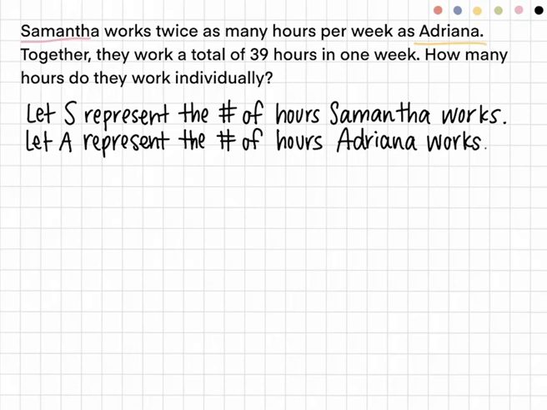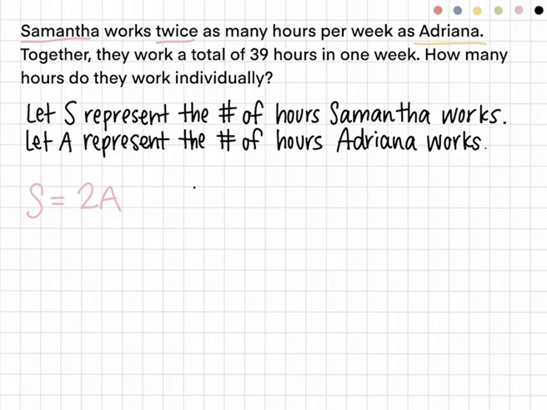So let's write an equation that has to do with Samantha in the first sentence here. So Samantha, she works twice as many hours per week as Adriana. So that means she's going to work 2 times what Adriana works. And if we look in the second sentence, it says together they work a total of 39 hours in 1 week.